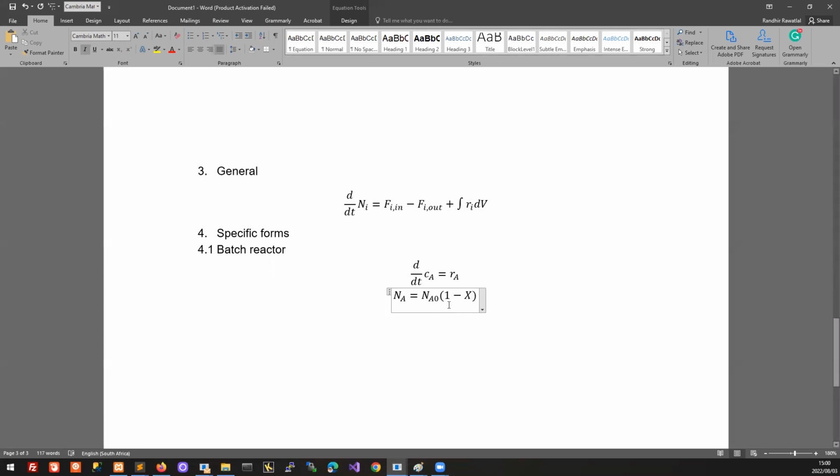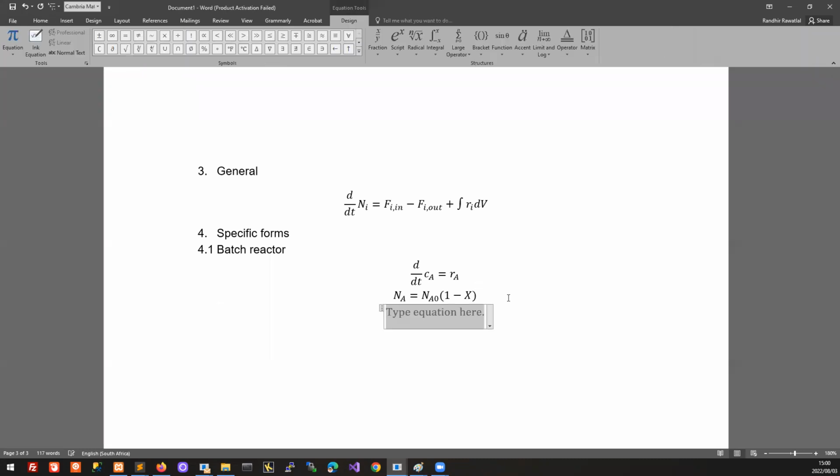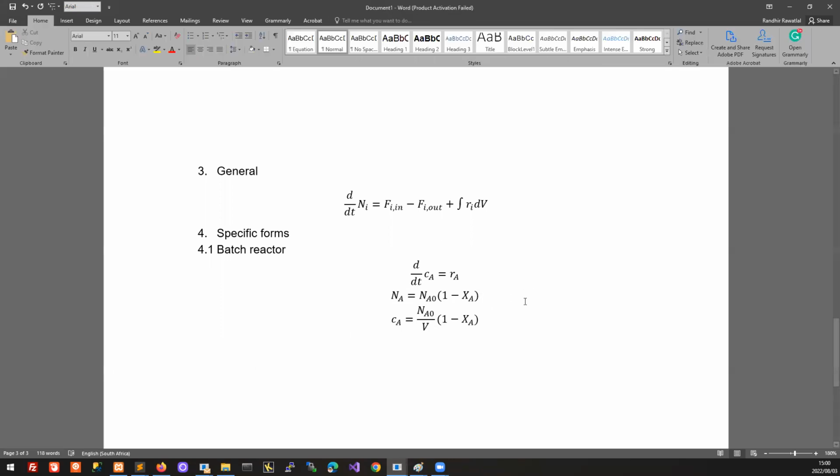So the amount left over after X N_A0 has reacted is N_A. So that's there. And so our concentration C_A equals C_A0, which is going to be N_A0 divided by V, times (1 minus X_A), if you like, X_A. Right, so that's our concentration.